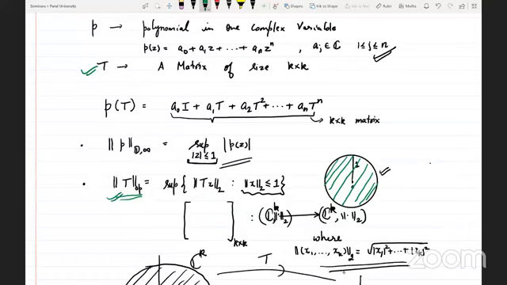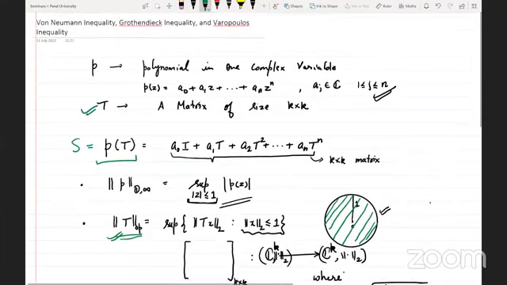So this definition is not only for T, but also for P(T), because P(T) is also a K by K matrix. Call it S. You can talk about the operator norm of S also. That will be the supremum of norm of Sx such that norm x is less than or equal to 1. Okay, so this is the setup.